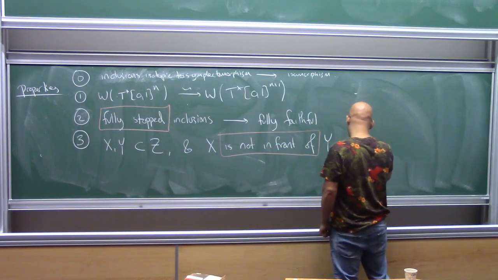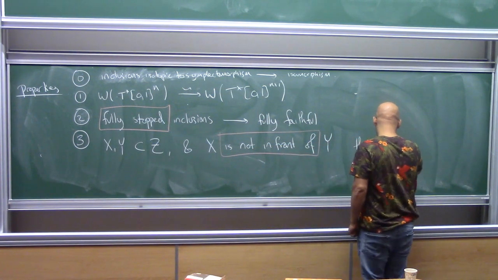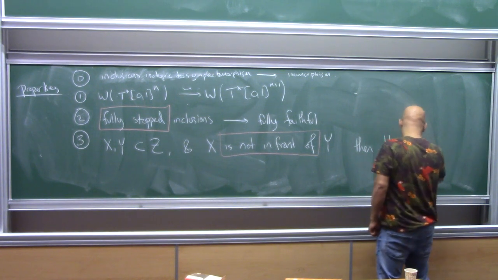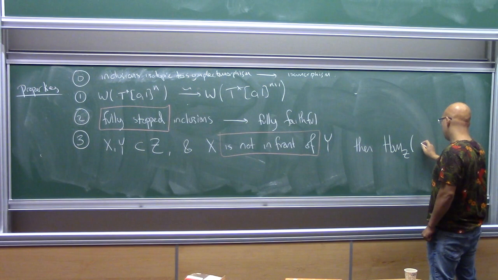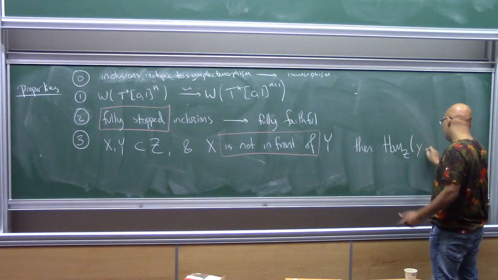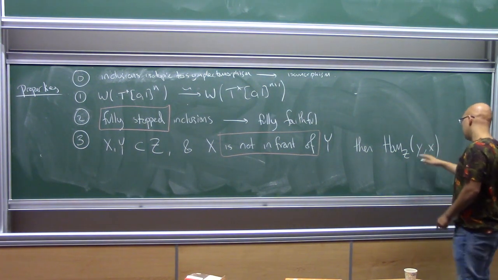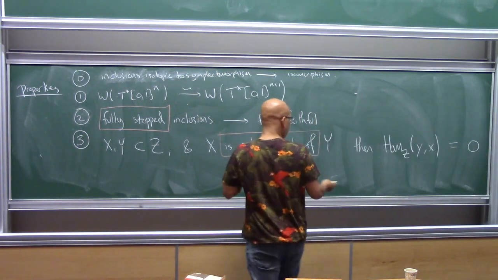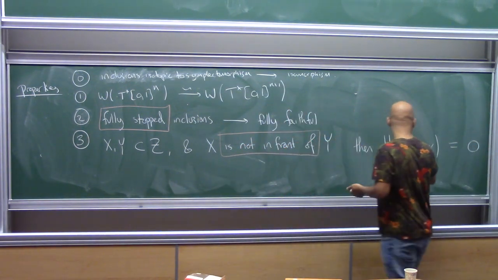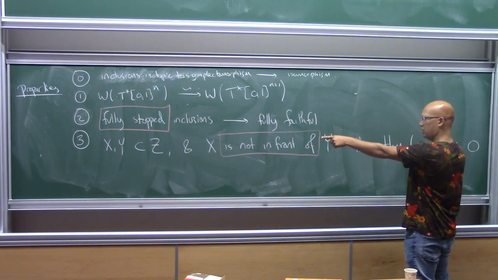If X is not in front of Y, then in Z. Okay, I'm probably going to get the direction wrong, but I'll correct it later. It's some sort of orthogonality condition in W of Z. W is a category.